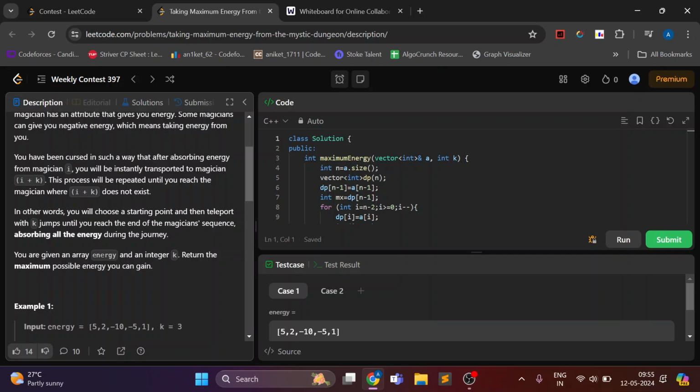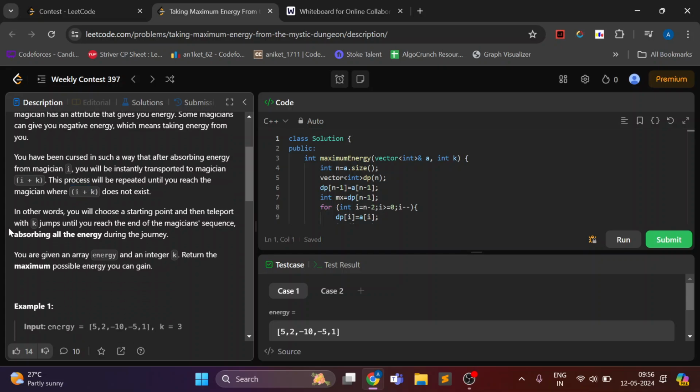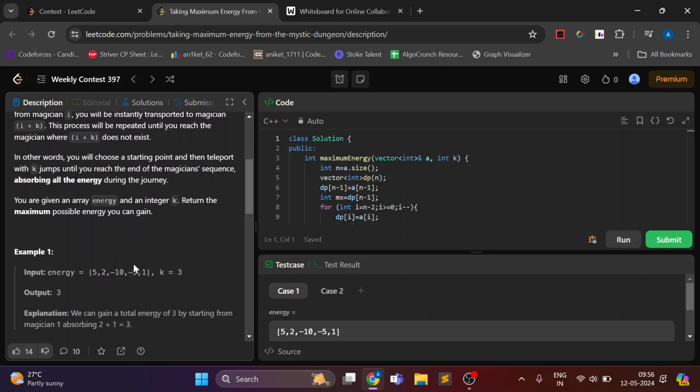So we have to choose a start position and, after making x number of jumps such that I plus xk is less than n, we have to find the sum of all those elements which were present in those jumps, and out of all possible combinations we have to find the one which gives the maximum total sum of energy, and we have to print that value.